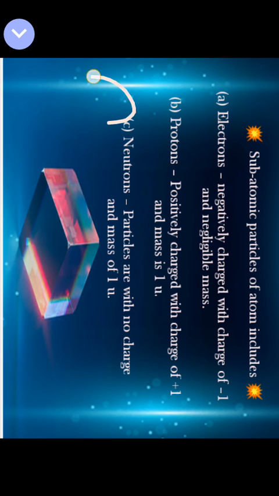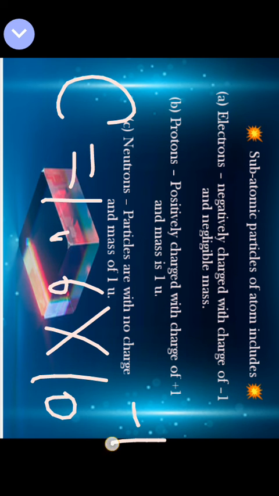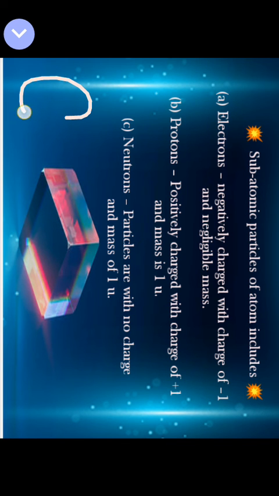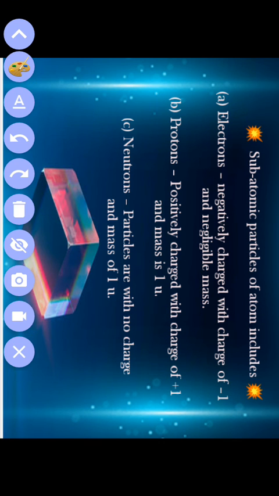The charge on a proton is 1.6 into 10 to the power minus 19. The charge on a neutron is nil. You say, ma'am, what is nil? It is especially zero. So hopefully you understand the subatomic particles of the atom and what they include.